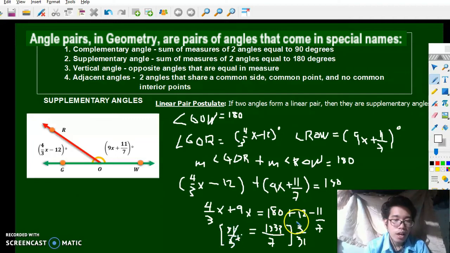When you multiply 3 over 31 by 1,333 over 7, you get 129 over 7. So this is the value of x. You don't have to put degrees.